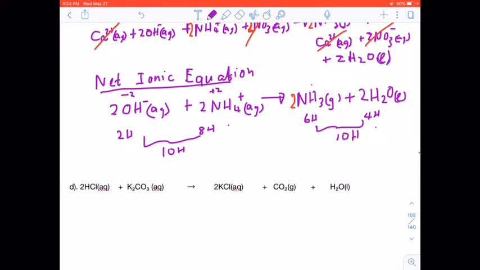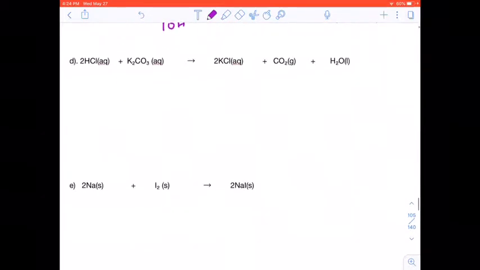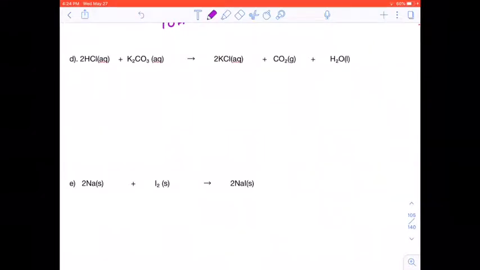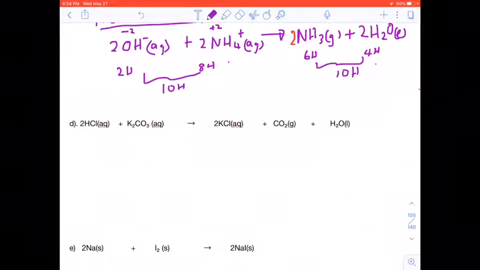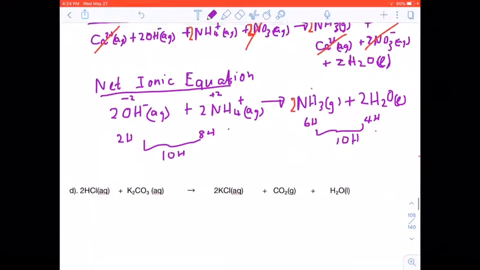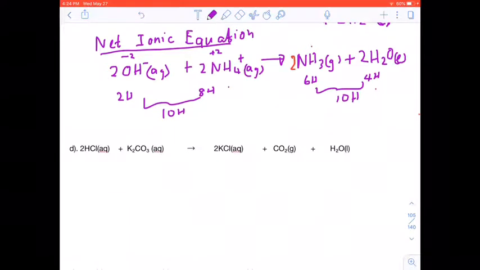Right, now let's look at the next one. Here we see we've got HCl, right? And we want to know if this is also an ion exchange reaction. Yes, we can see this. Here, for instance, hydrogen chloride, its partner was Cl, right?